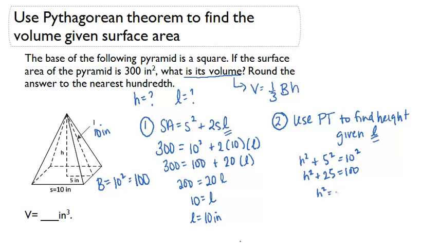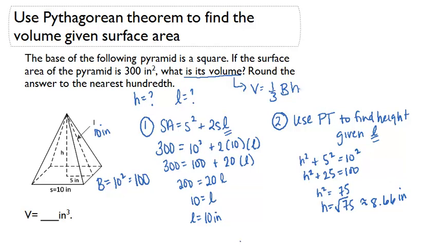H squared equals 75. And again, 75 is another one of our numbers that are not perfect squares. So whenever I take the square root of 75, I get approximately 8.66. And I'm going to use 8.66 as my height in inches.